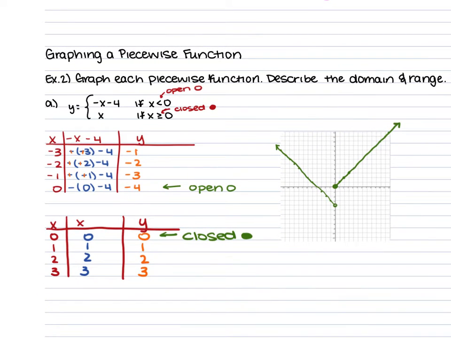So again, I have one line that stops at a specific x value with an open circle, and then another picks up at the same x value with a closed circle to actually include that number for an x value, and then that will go to positive infinity.